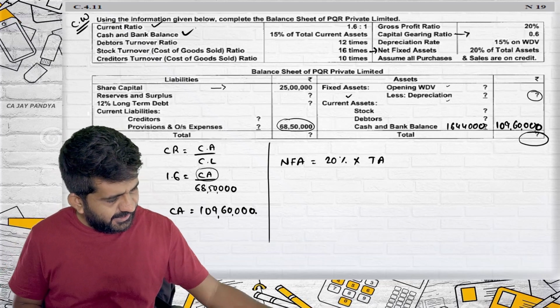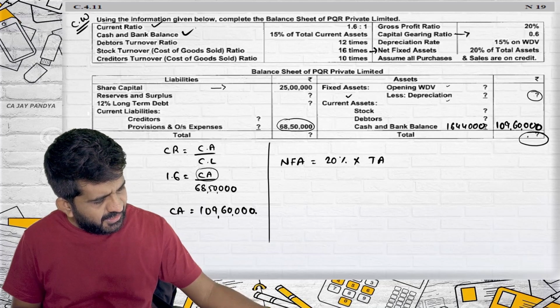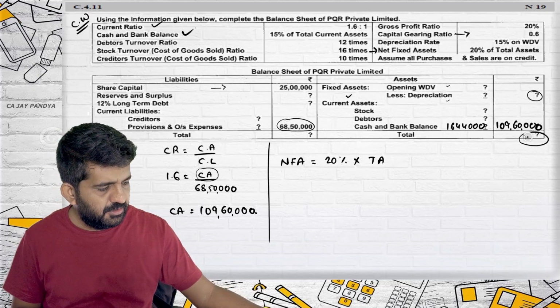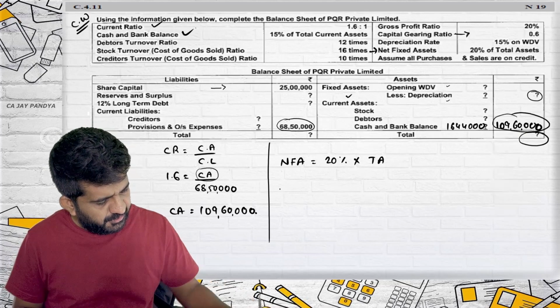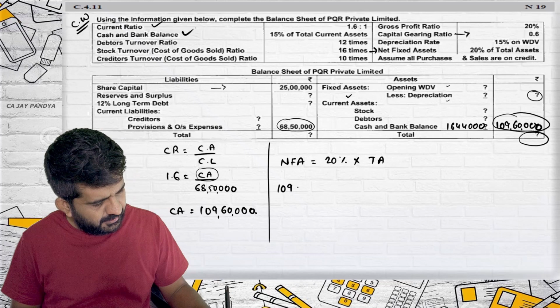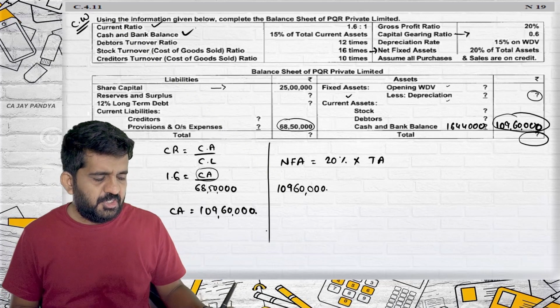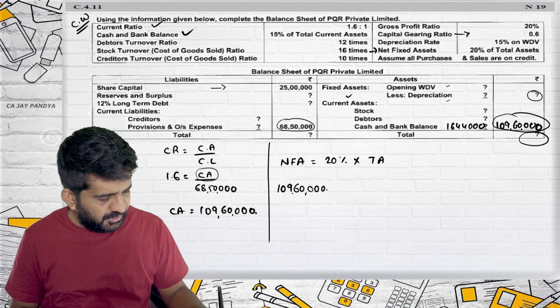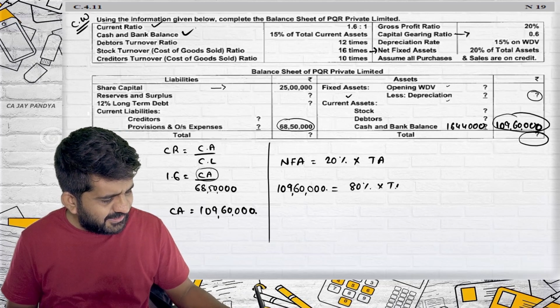Net fixed asset, that is this figure, is 20% of this figure. So can I say this figure, 1,09,60,000, is 80% of total asset.